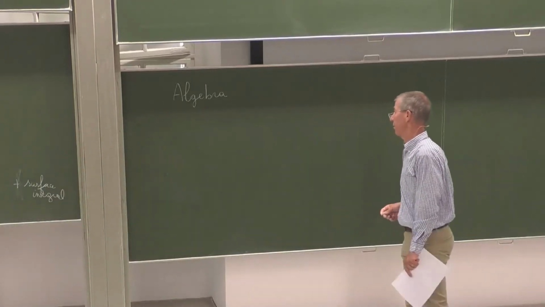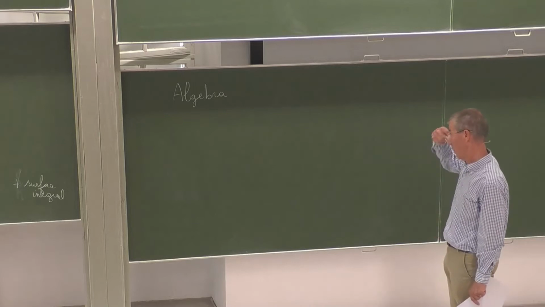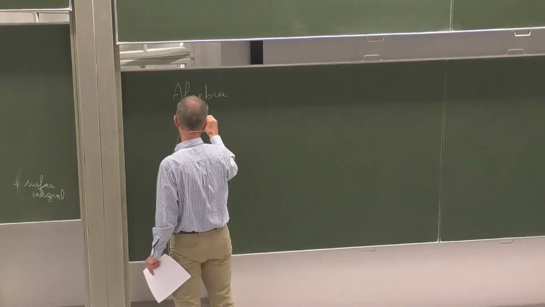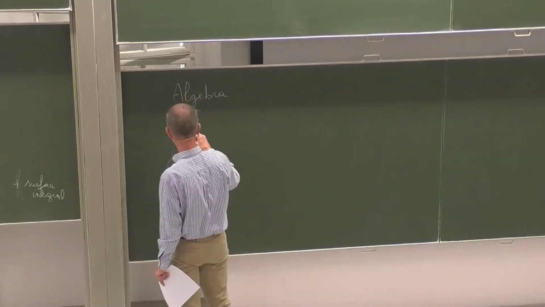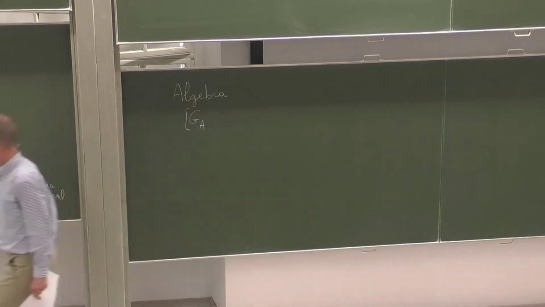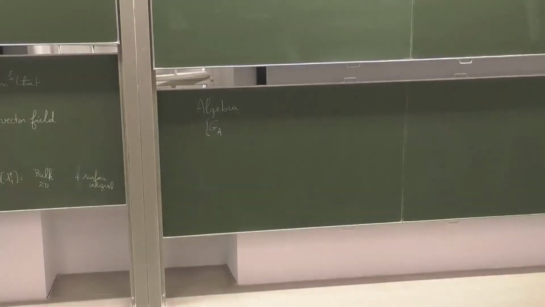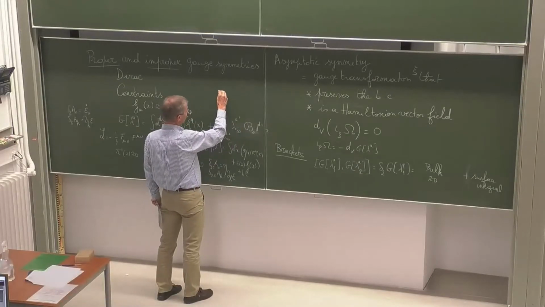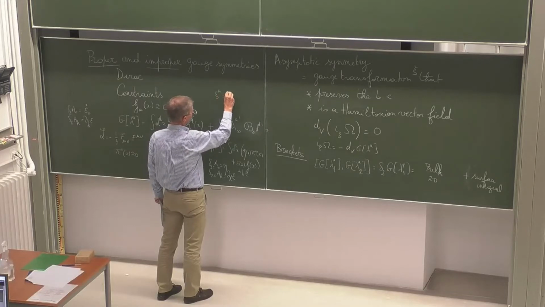Then I will denote them by G, with some collective index A, because you see, if you consider a diffeomorphism, it will contain the Lorentz transformations.